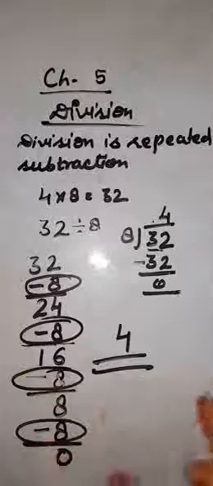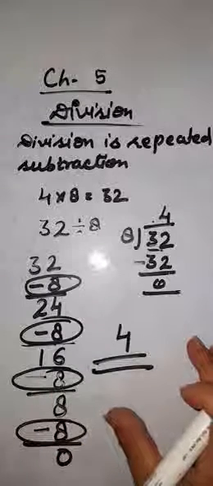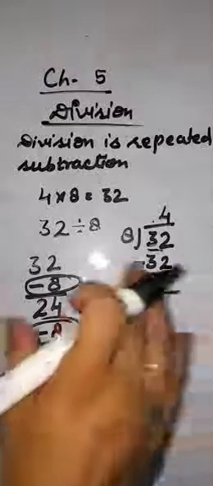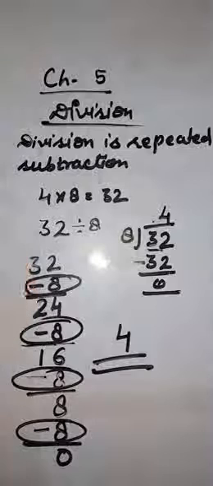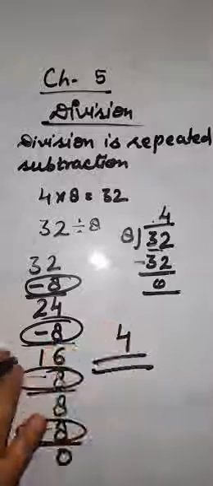It means that it's repeated subtraction. So to make our calculation easier, we just divide. We can say that division is a short form of subtraction. Repeated subtraction makes our calculation very long and takes too much time.